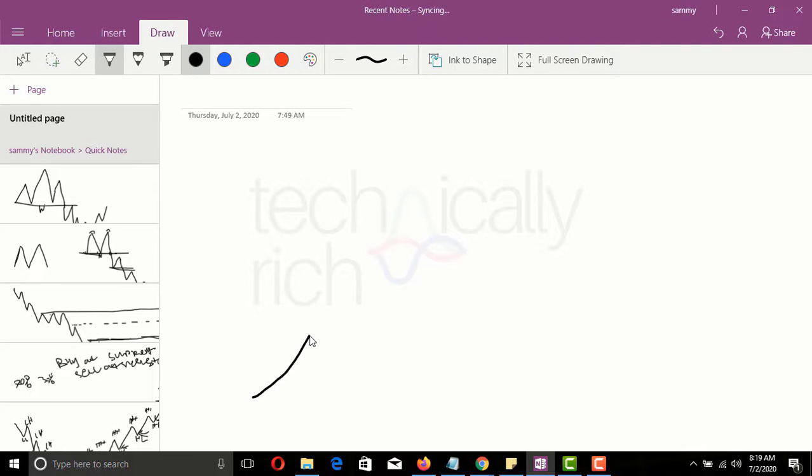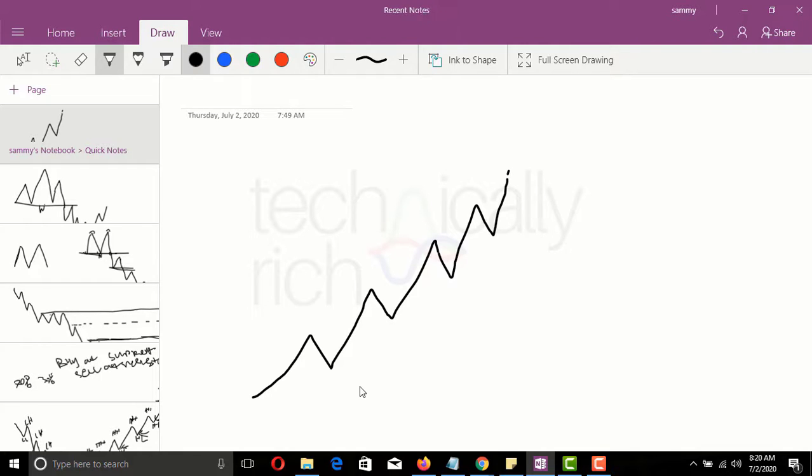First, your uptrend. Okay, so now for your trend line to be valid, it must connect at least two higher lows or more.